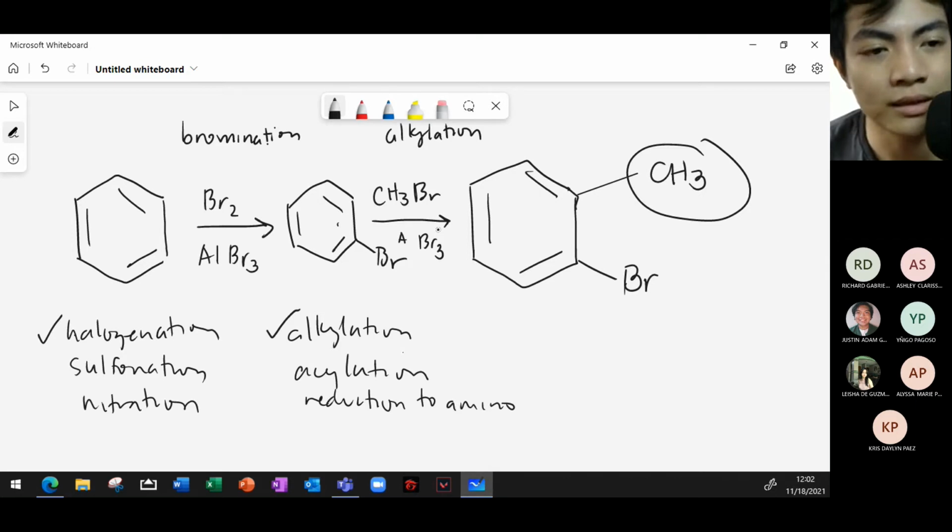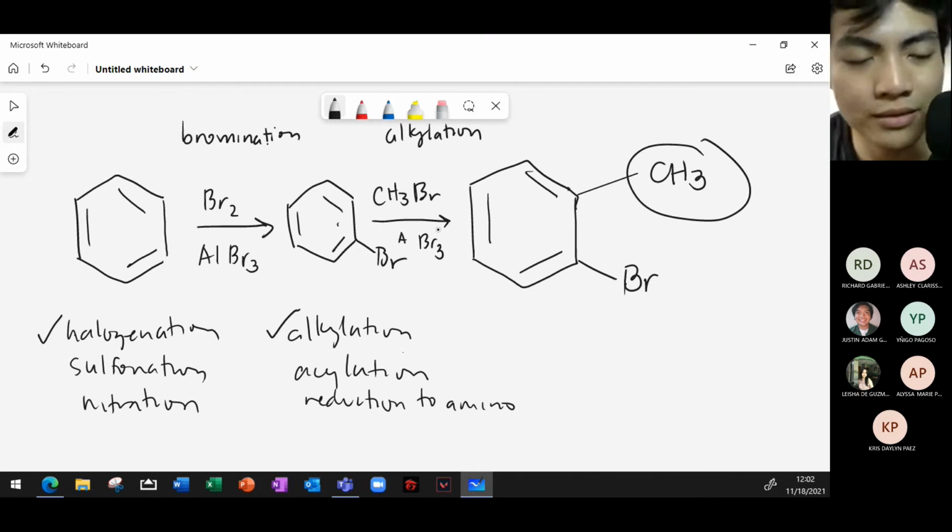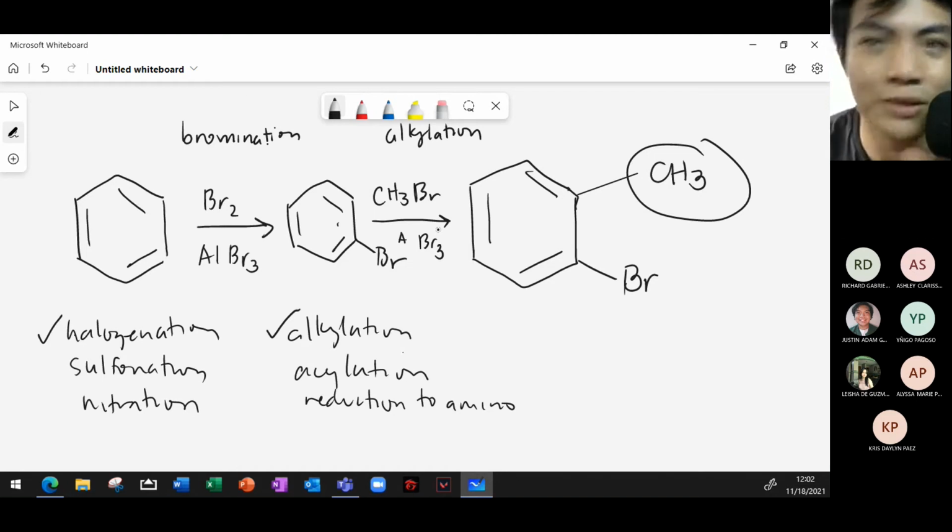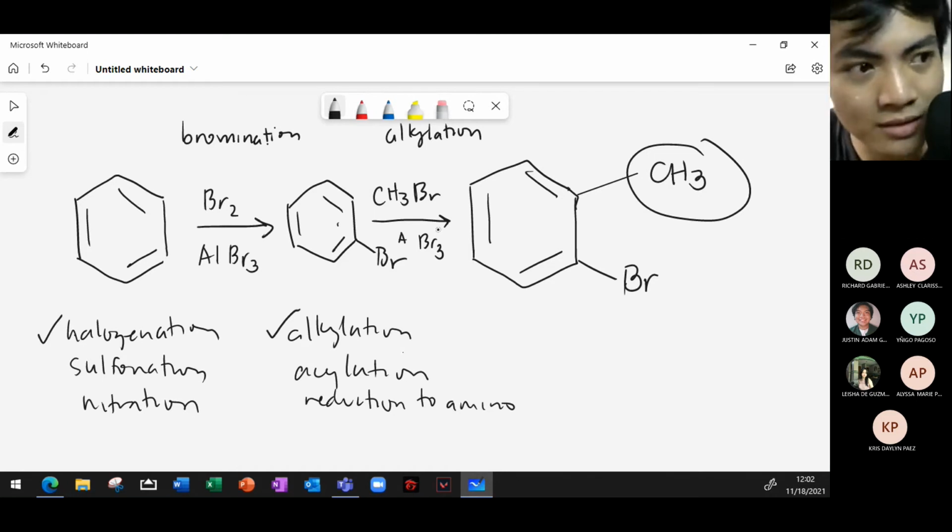Sir, pwede po ba baliktad? Alkylation muna bago bromination? For now, pwede. Okay? So, papayagan natin magbaliktad sila. Pero, pag BS Chem kayo, may proper sequence yan. Pero sa ating case, di naman tayo BS Chem. So, kahit ano, okay lang. Kahit mag-jumble-jumbled sila, okay lang.